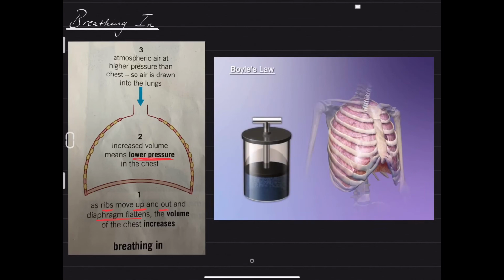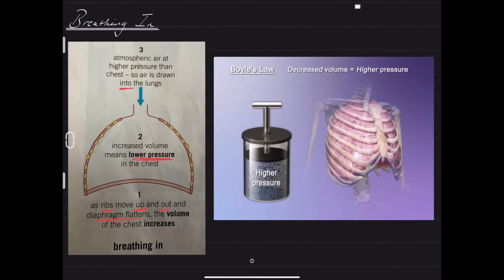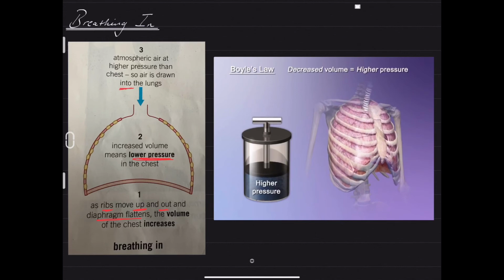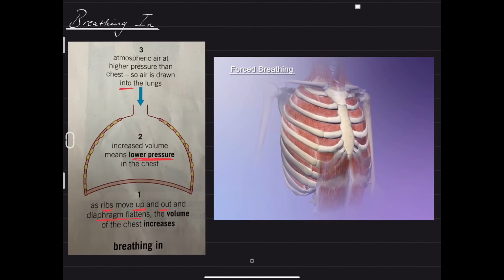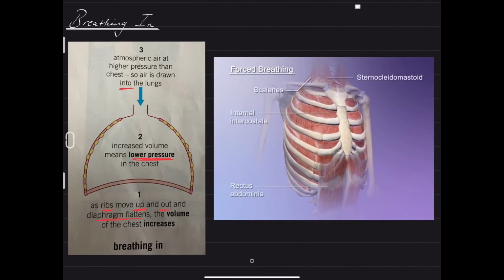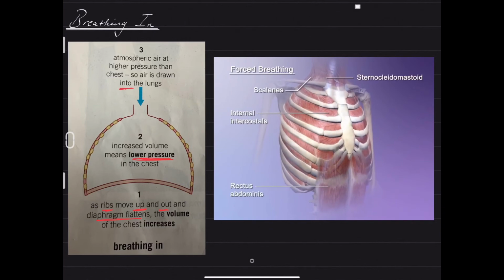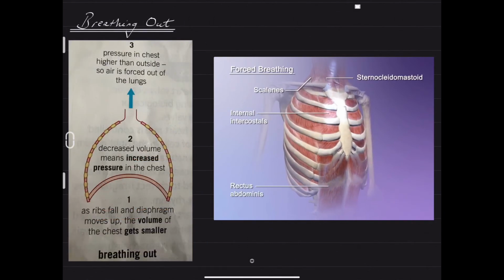And this causes air to be drawn into the lungs. So can you sketch this diagram of the chest cavity for breathing in, and can you note the 3 steps involved for breathing in? When we are breathing out, we have these following steps.